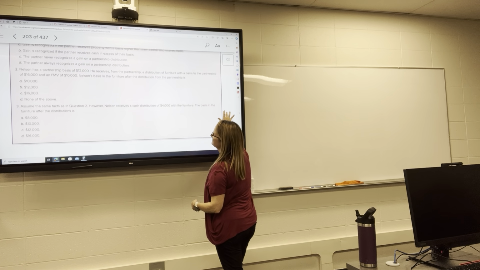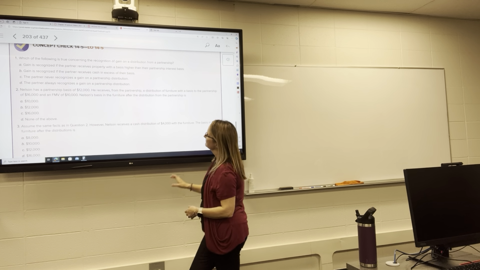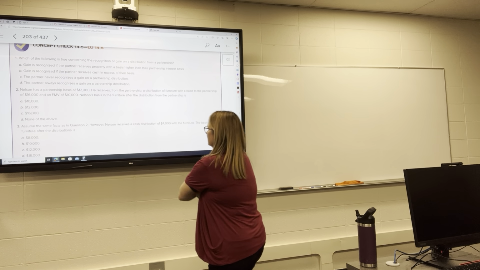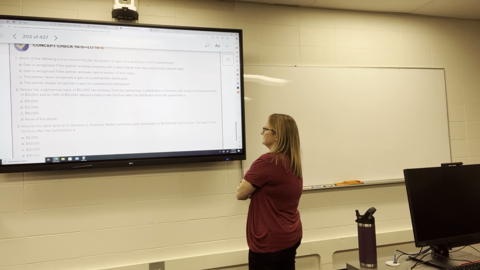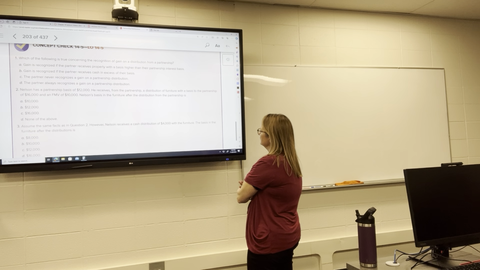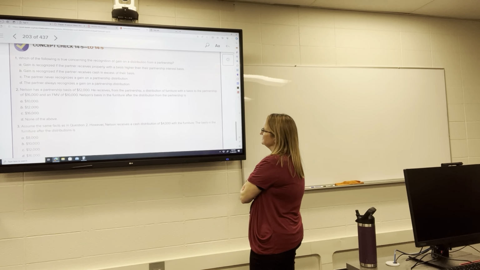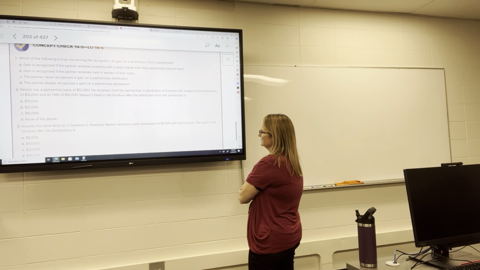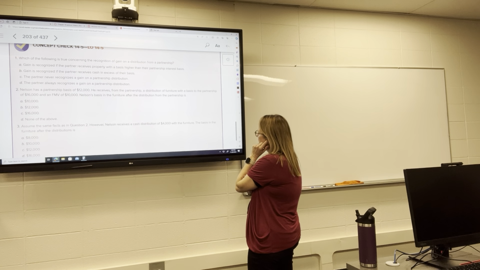let's look at these, try and work through these to see if this helps us figure this out. So Nelson has a partnership basis of 12,000. He receives from the partnership a distribution of furniture with a basis to the partnership of 16,000 and a fair market value of $10,000.